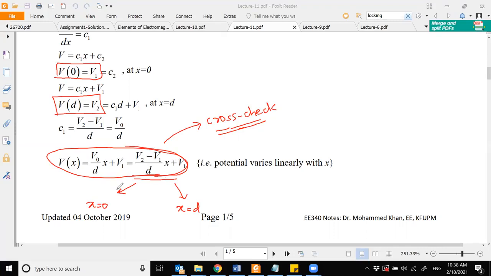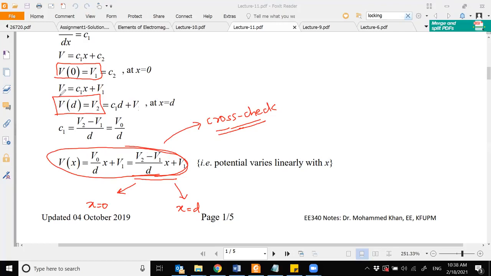If I put x is equal to 0 here, this term will be gone and my potential is becoming V1. Is it correct? Yes, at x is equal to 0, the potential must be equal to V1. Now at x is equal to d, if I put d here, then d and d cancel, and V1 and minus V1 cancel, and I will get V2.